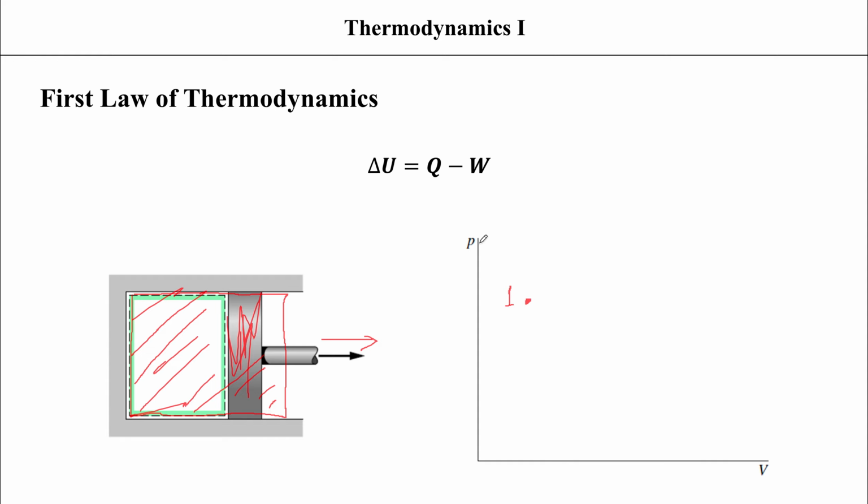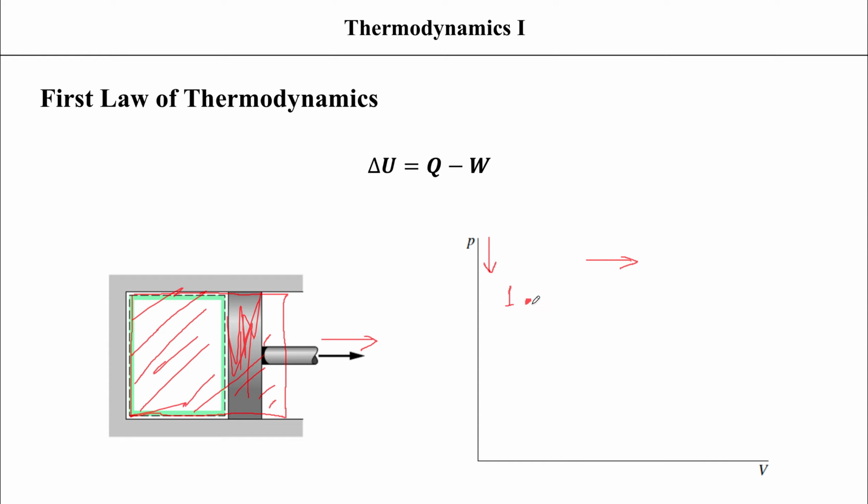And if we were to look at this system now in the PV diagram, we're saying that the volume has increased. So that means that it should move in this direction. And we're also saying, though, that the pressure has decreased. So that means that we should move in this direction.